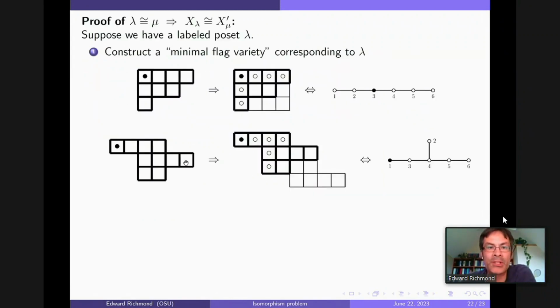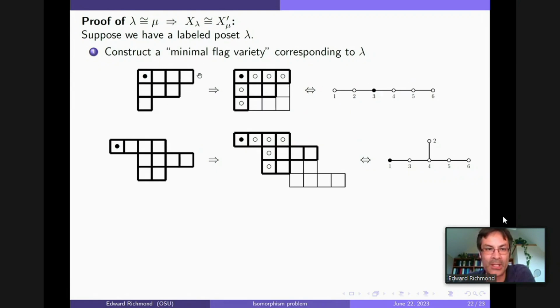And then for the reverse direction, if you're given two posets that are poset isomorphic, we develop a way of constructing a minimal flag variety. So for example, if I'm given this shape right here, we travel along certain chains from this co-minuscule node and generate this minimal flag variety.